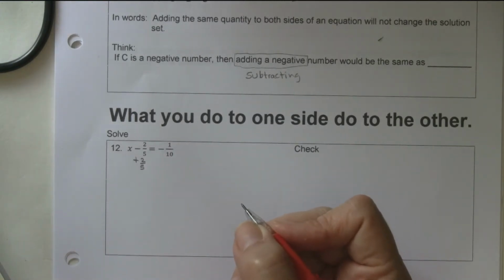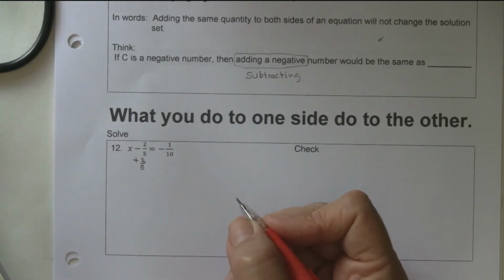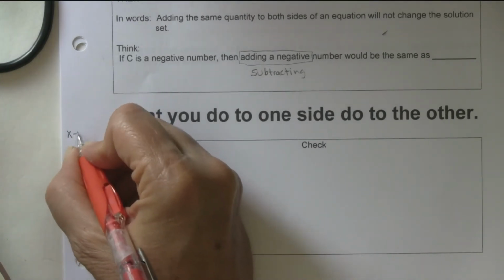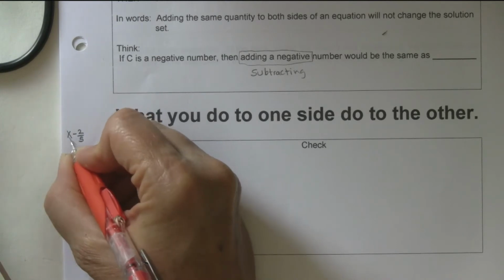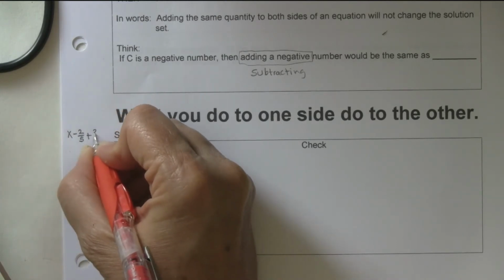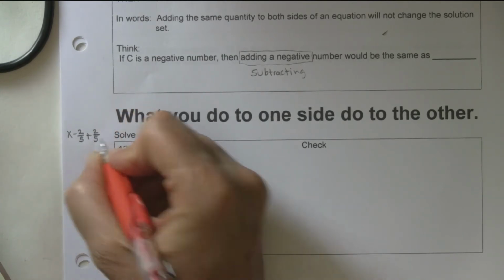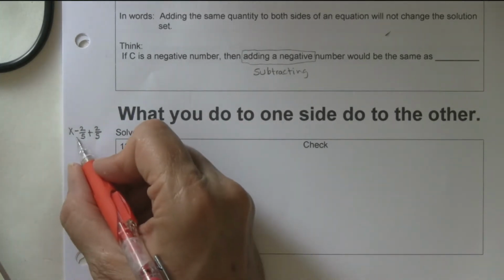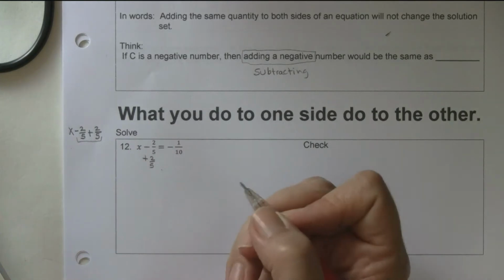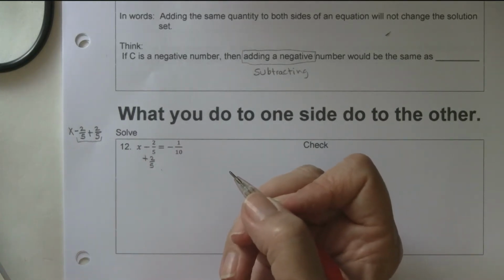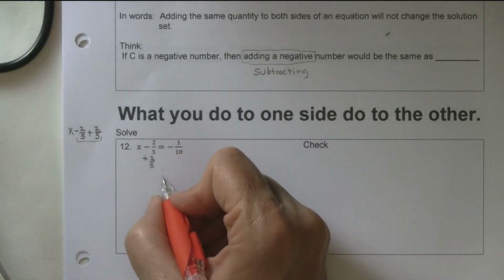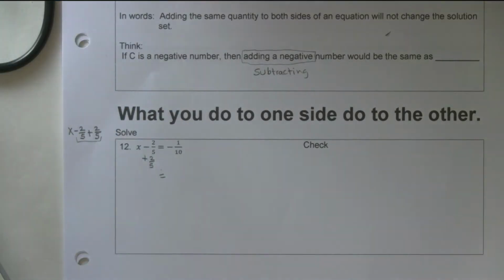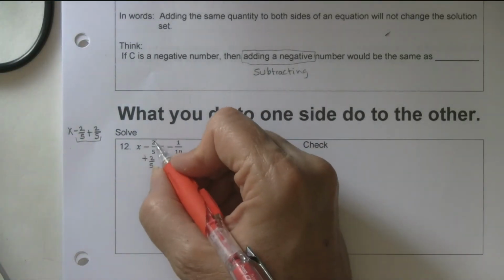Now there's the stack-it method of adding, and there's the write-it-out-to-the-side method. If you write it out to the side, it would look like this: X minus 2/5 plus 2/5. If you stack it, it looks like this. But either way, what is negative 2/5 plus 2/5 equal to on the left-hand side of the equation?